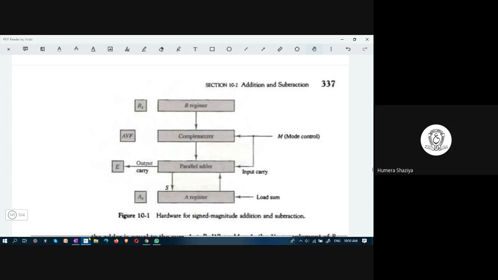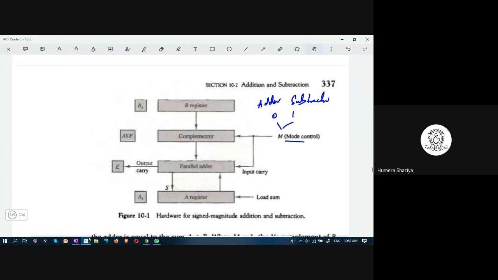In this block, M is a control input. M can be 0 or M can be 1. When M is 0, the circuit behaves as an adder, and when M is 1, the circuit is operating as a subtractor. All right. When M is 1, there is input carry. When you provide input carry, it is equal to adding 1 to the ones complement.